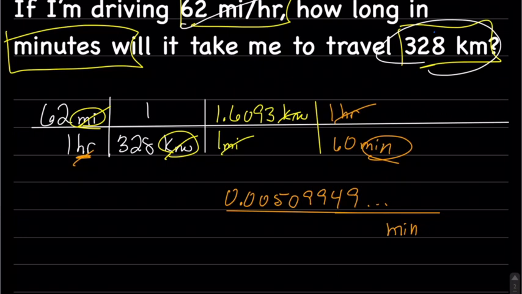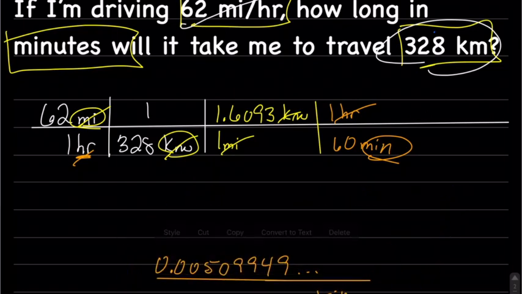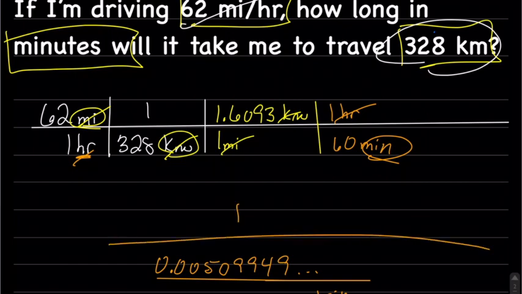So what I could do here is divide this into 1. When you divide a fraction into 1, 1 over the fraction, you end up just flipping the fraction, right?